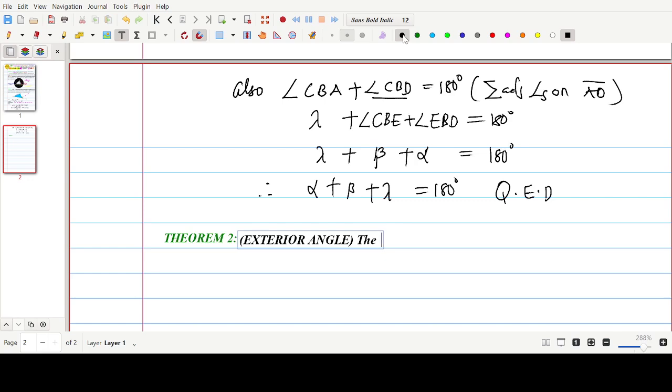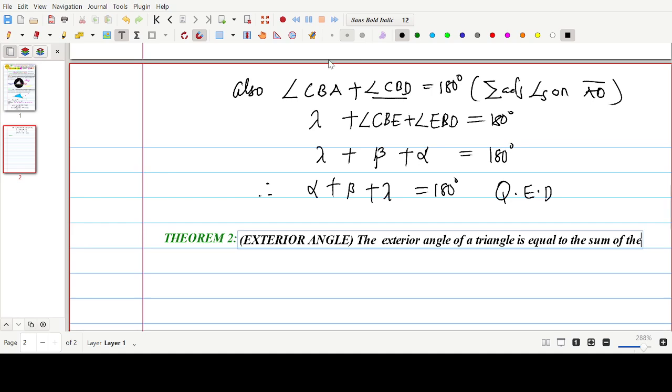All right, the exterior angle of a triangle is equal to the sum of the opposite interior angles, right?